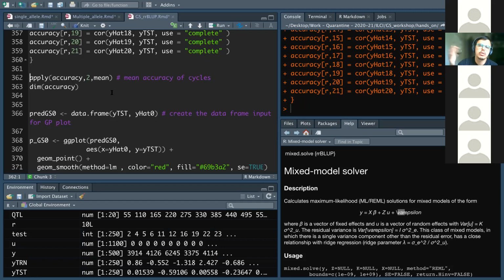But you have different environmental effects, different QTL information between those 250 lines. So the estimation of the allele substitution effect is just going to be true for those 250.